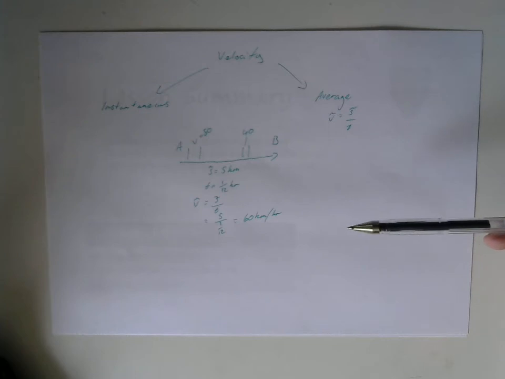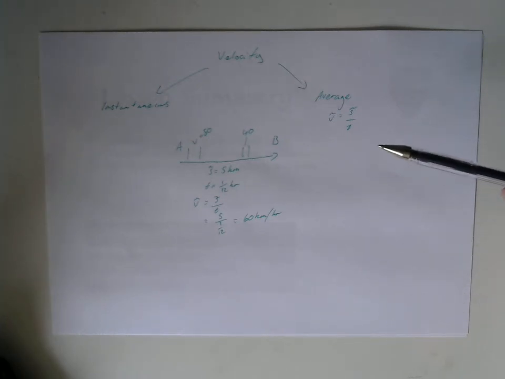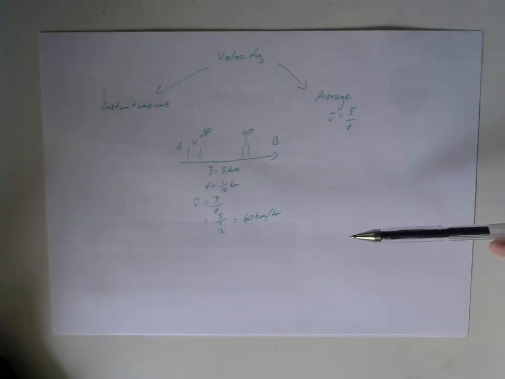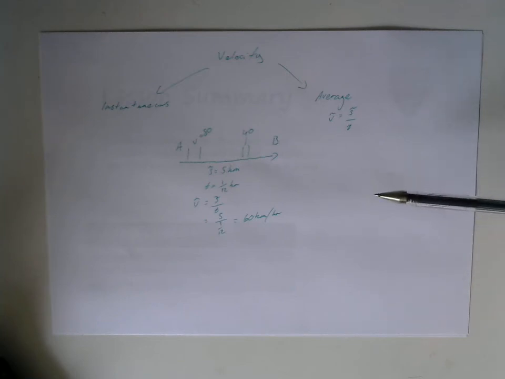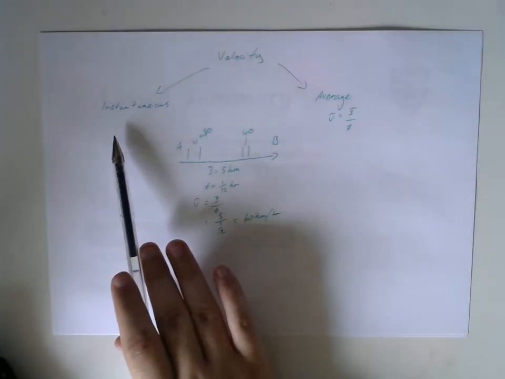You would have got on the highway maybe and gone at 100 kilometres an hour along there, and then you would have stopped at some traffic lights for a bit, maybe gone around a corner at a slower speed for a few metres. Your speed is constantly changing. But you know the instantaneous speed by looking at your speedometer, and then we can work out our average from the whole trip. Now, we will see some examples of instantaneous in experiments.